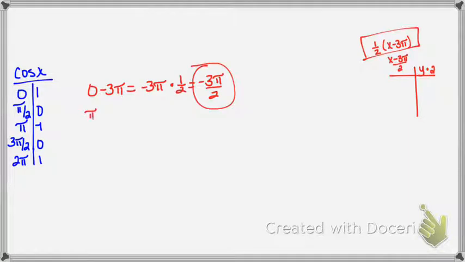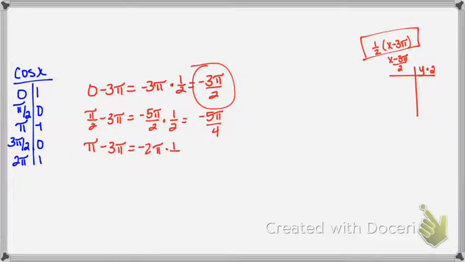So then we're going to take pi over 2 minus 3 pi. That's negative 2.5 pi, so it's negative 5 pi over 2 times 1/2. That's negative 5 pi over 4. Pi minus 3 pi is negative 2 pi times 1/2.